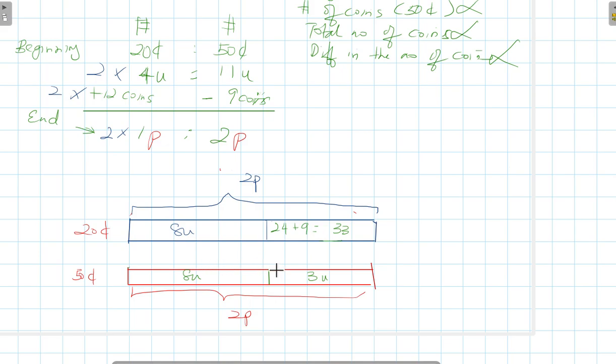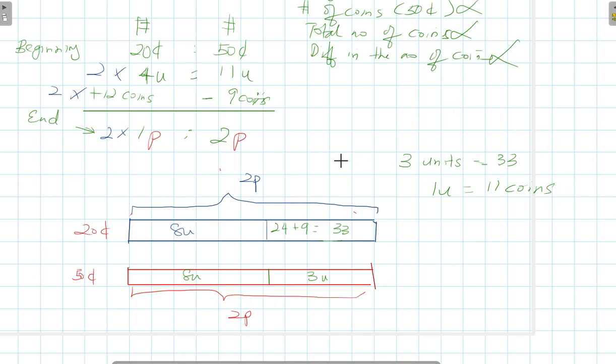Correct? Because the whole thing here, just now I already showed, is 11. Minus away 8, here will be 3 units. And then you can see 3 units equals 33. So 1 unit equals 11 coins.